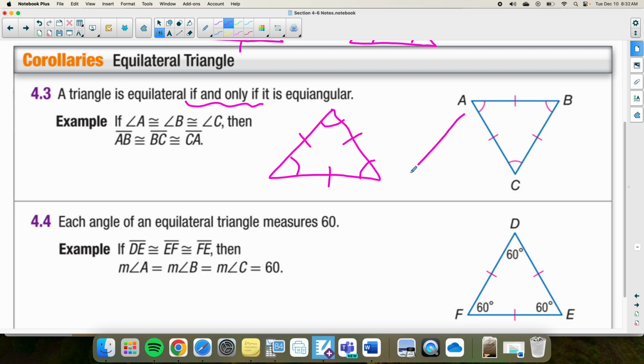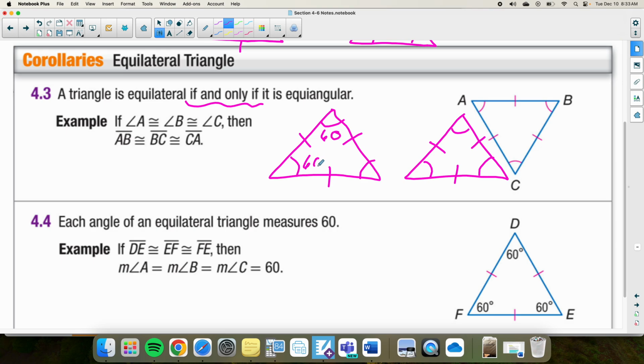So if they instead said that all three angles were congruent, you can assume all three sides are congruent. Now, from what you guys know, the three angles in a triangle add up to what? 180. And if they're all equal, how many degrees would they be? 60, right? 180 divided by 3 is 60.